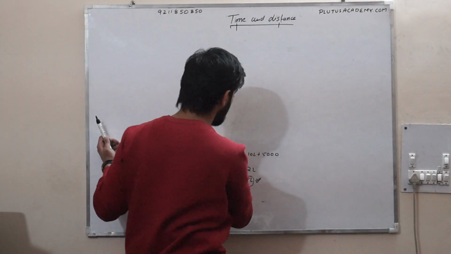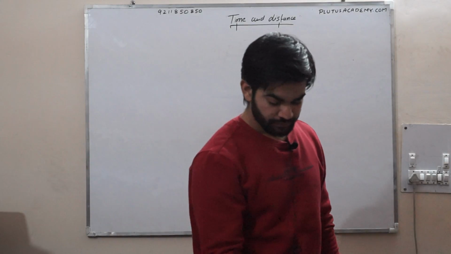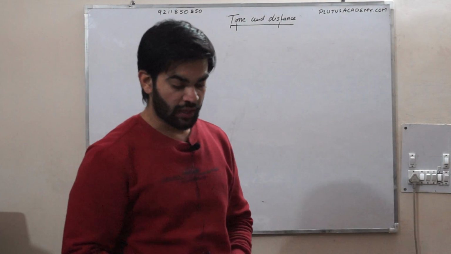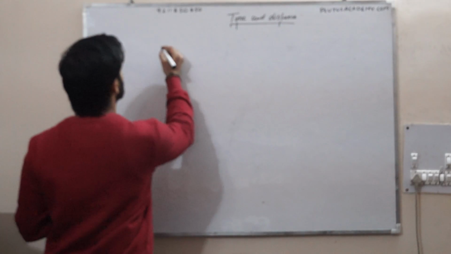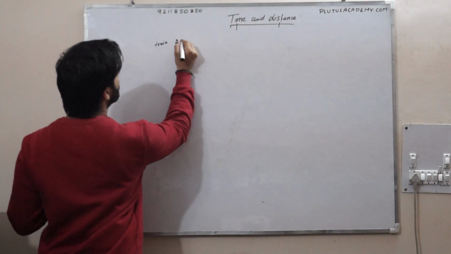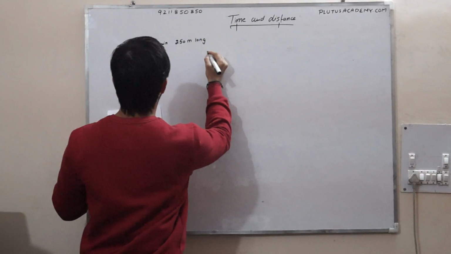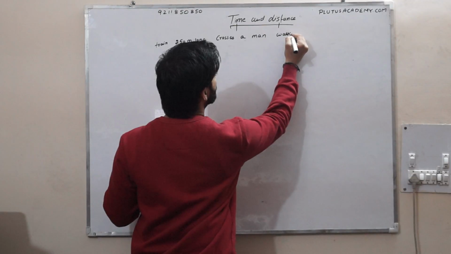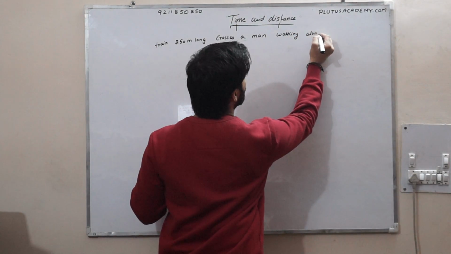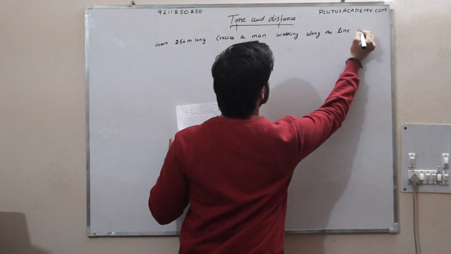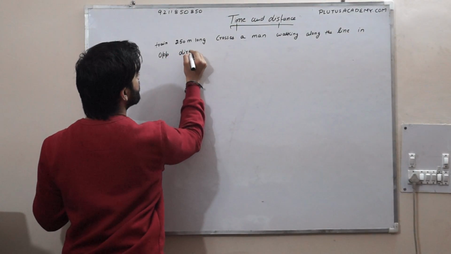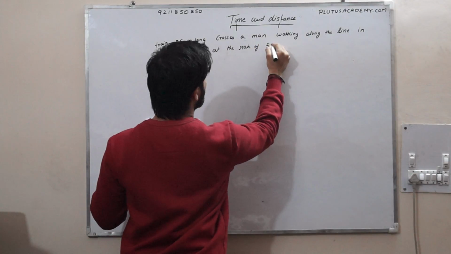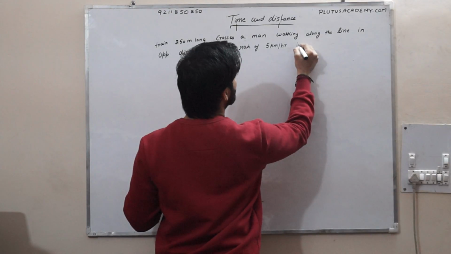What is question number 3? In question number 3, what he is saying, he's saying a train 250 meter long crosses a man walking along the line in opposite direction at the rate of 5 kilometer per hour in 10 seconds.